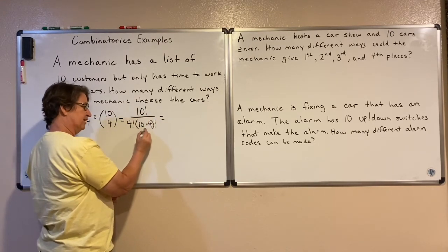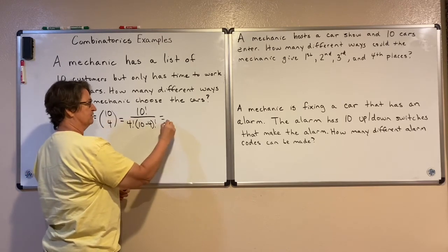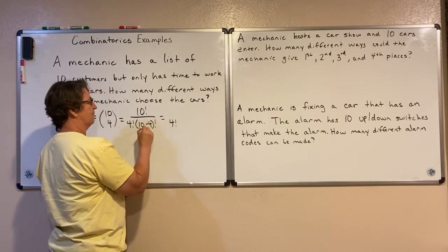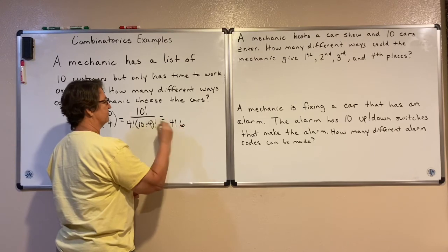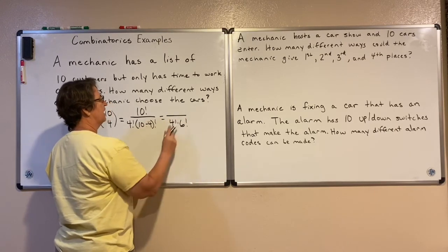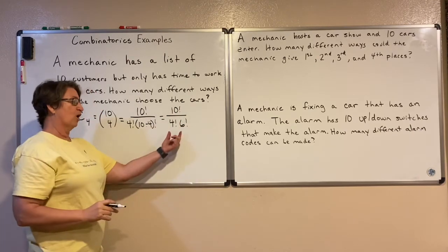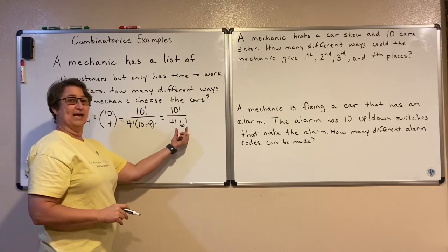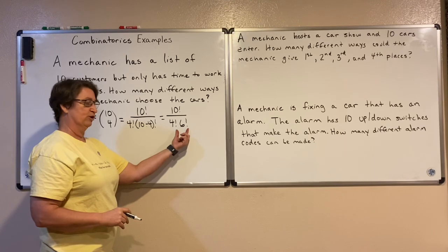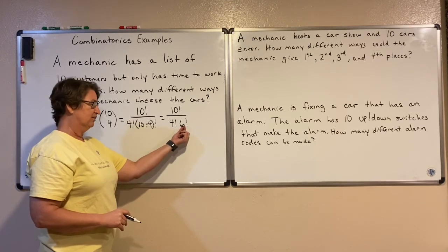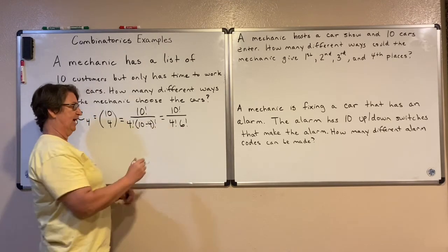Let's start inside the parentheses. So inside the parentheses first, 10 minus 4 gives me 6 factorial. And then on top, I have 10 factorial. Remember, I can't multiply this until I take care of the factorial. That factorial is an operation I have to take care of next.